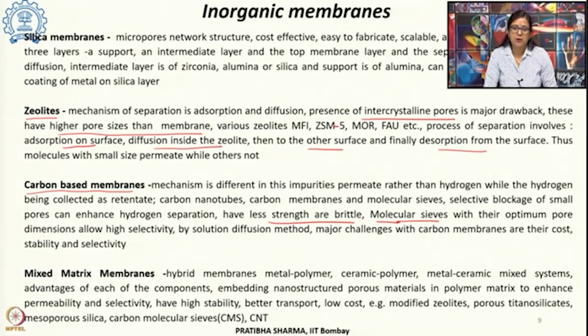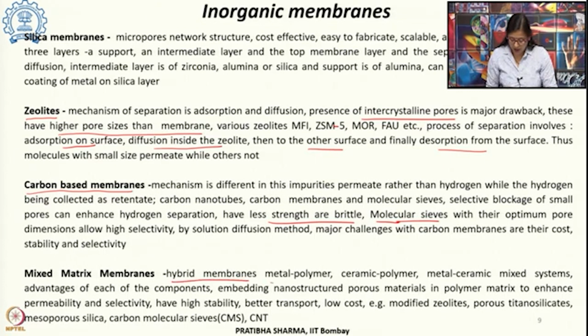The process by which separation occurs in carbon based membranes is the solution diffusion method, and the major challenges associated with carbon based membranes are cost, stability and selectivity. Now we can also mix different materials to get mixed matrix membranes, taking advantage of each of the components. These are known as hybrid membranes.